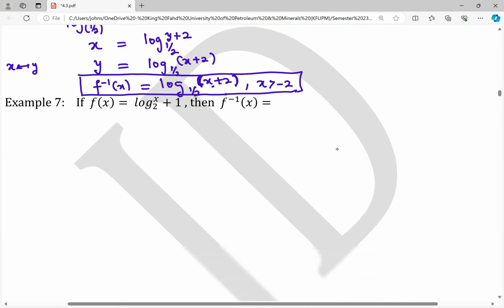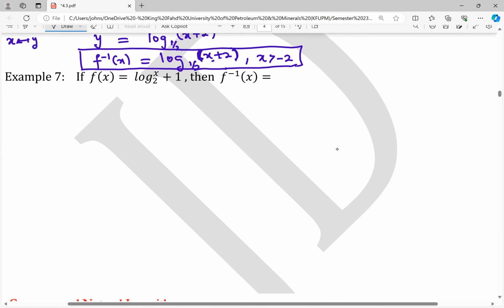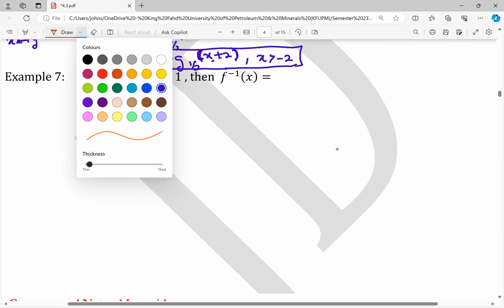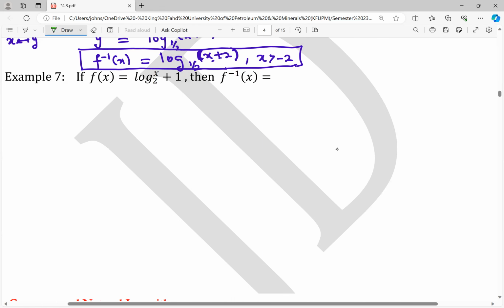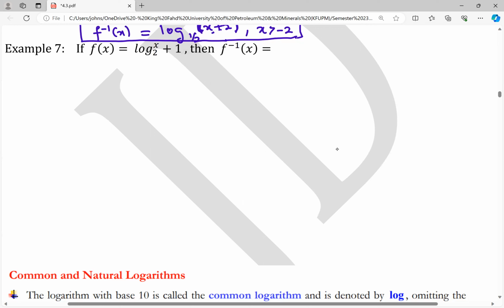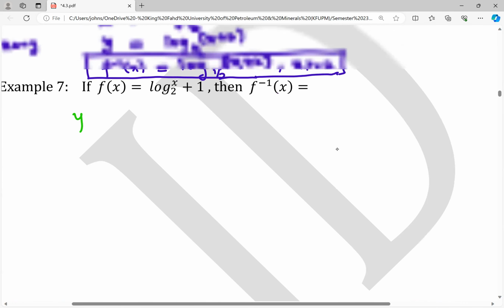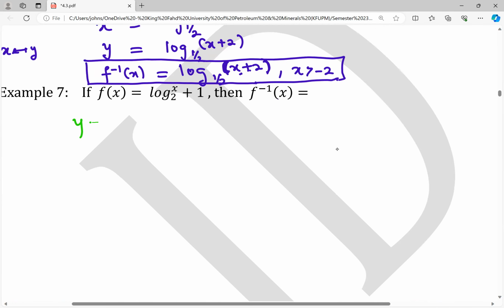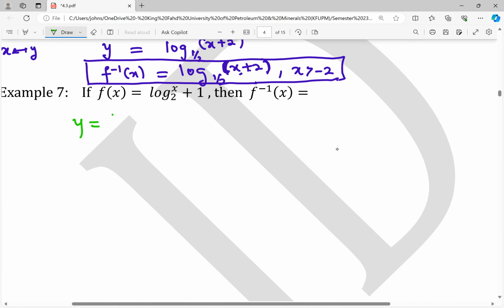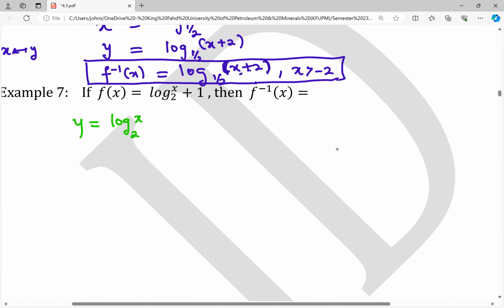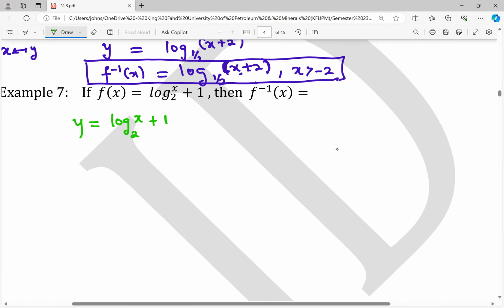All right. So number 7 is another one here. Let's go for the green here. So here we have f of x as this. The same way, we just need to set y to be log to base 2 of x plus 1, right?